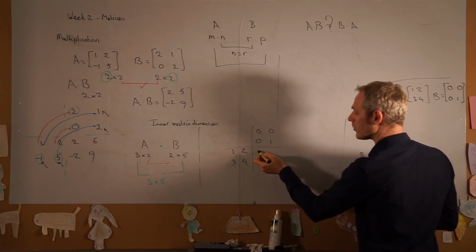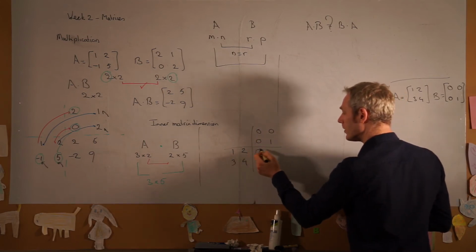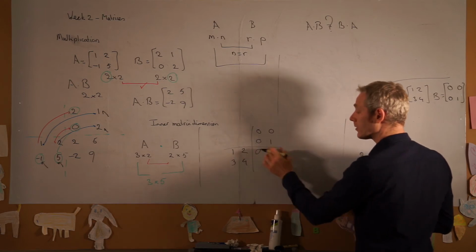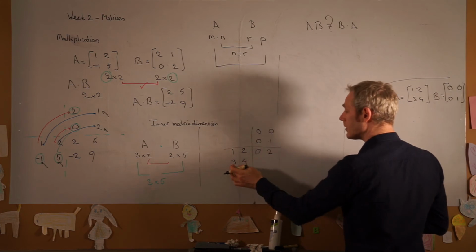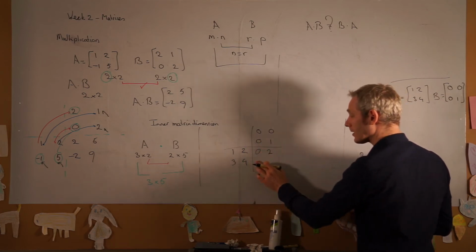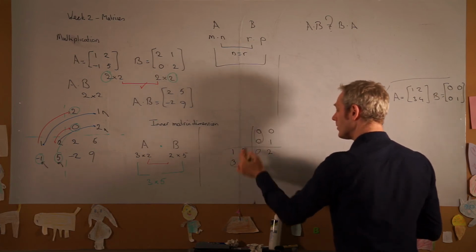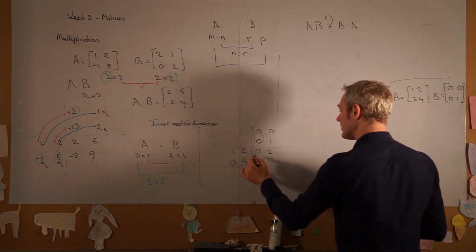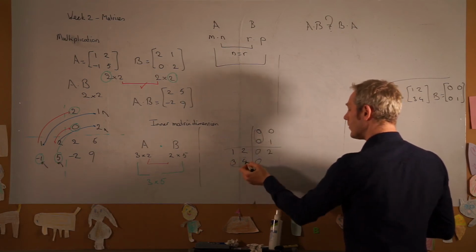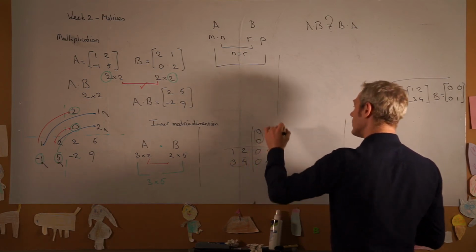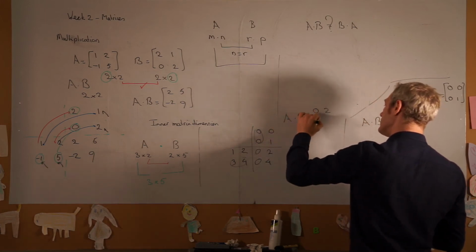For the element on row 1, column 1, 1 times 0 plus 2 times 0 is 0. First row, second column, 1 times 0 plus 2 times 1 is 2. And second row, first column, so we take the second row and the first column, well, 3 times 0 plus 4 times 0 is 0. Second row, second column, 3 times 0 plus 4 times 1 is 4, so A times B is equal to [0, 2; 0, 4].